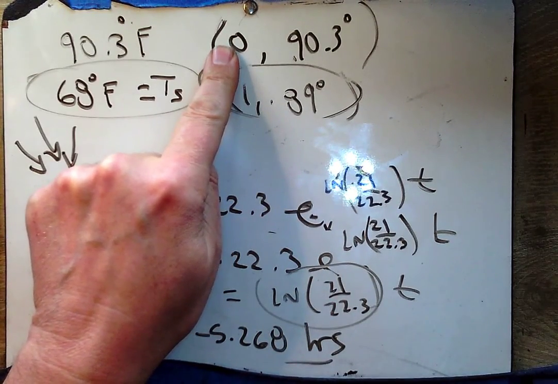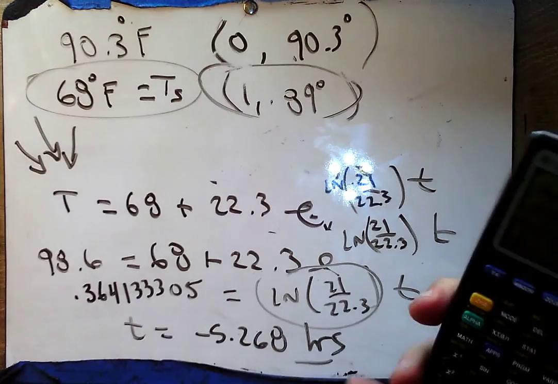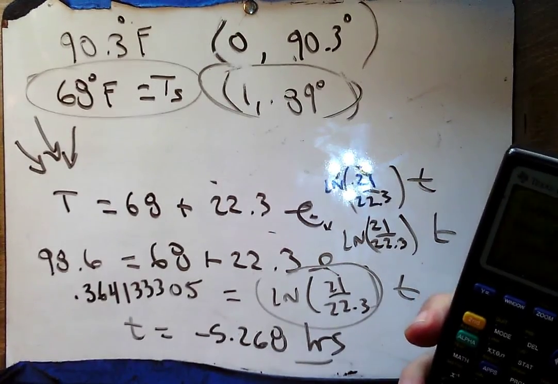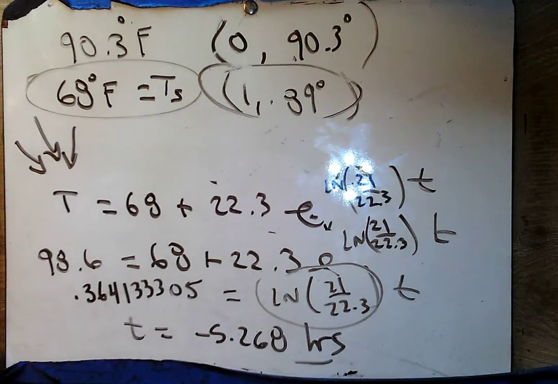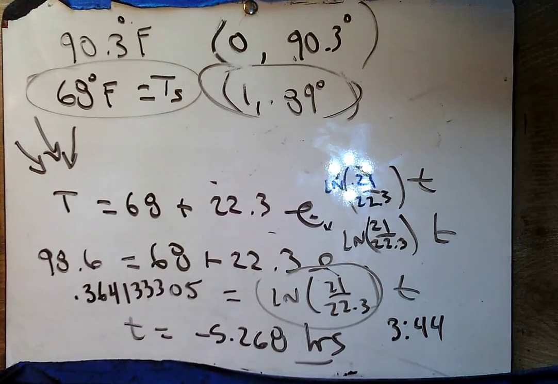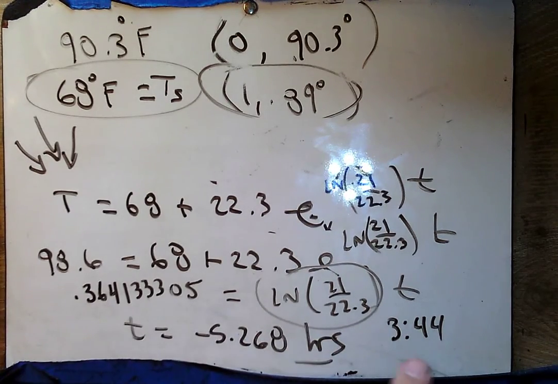That was 9 a.m. If we go back 5 hours, now we're at 4 a.m. It's a little earlier than that. 0.268 times 60. That's going to be 16 minutes before 4 a.m. So 3:44. We think it's 3:43 and some number of seconds, but I think that's pretty good.